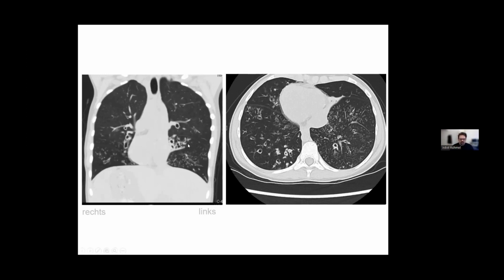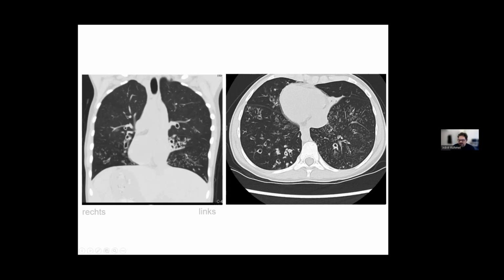And what you see when we move to the other image, that's also a cross section, you can see the bronchiectasis and those thick white rings. Those are all inflamed bronchiectasis with swollen mucosa. And this shows that there's really a lot of inflammation happening in this lung at this time point.